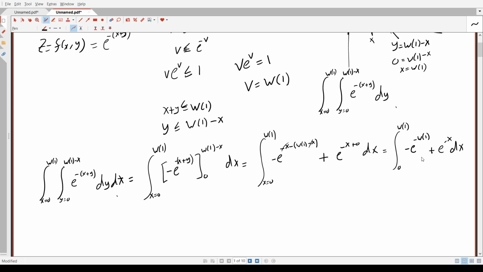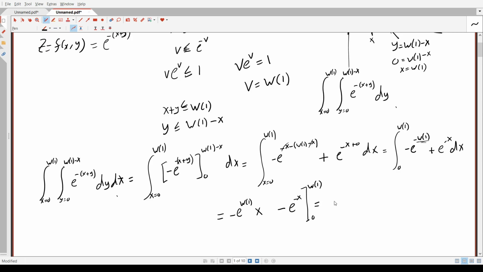Okay, so now I integrate these. This first term is just a constant with respect to x, right? There's no variables. This is a number, and this here is also just a number. So this first one is going to be equal to minus e to the W of 1 times x, minus e to the minus x, from 0 to W of 1. And we plug these in, and what do we get?